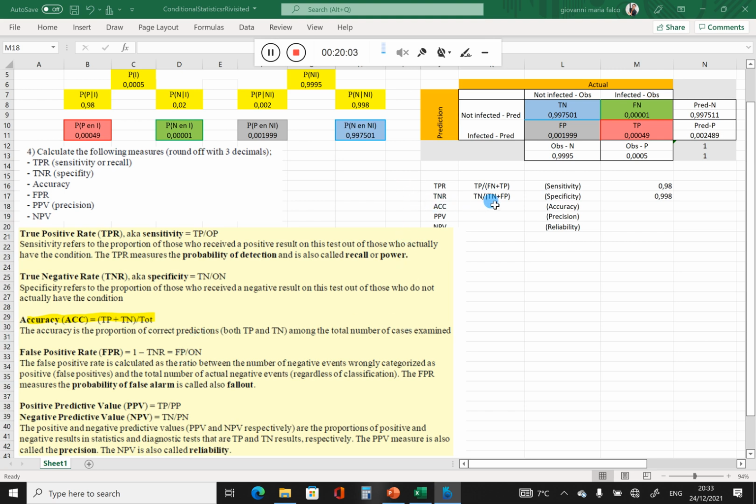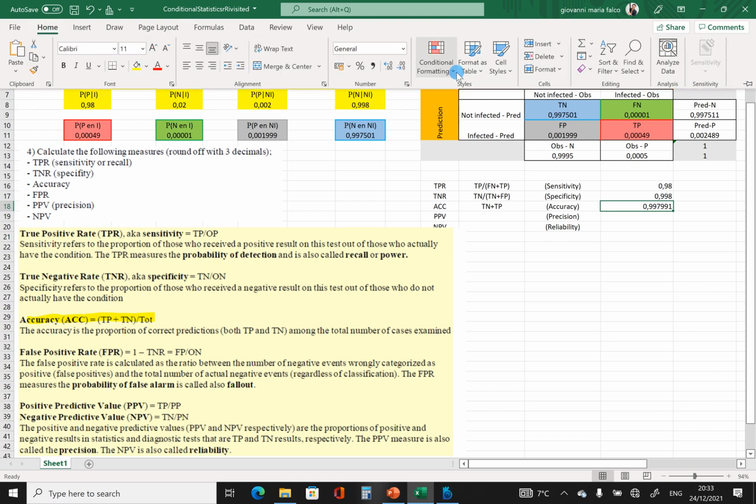So this means that this is just the sum of the true negative probability plus the true positive probability, and if we calculate, we have to sum up true negative plus true positive, and then we also get a very high percentage of almost 1, because if I round this off, 0.9998.